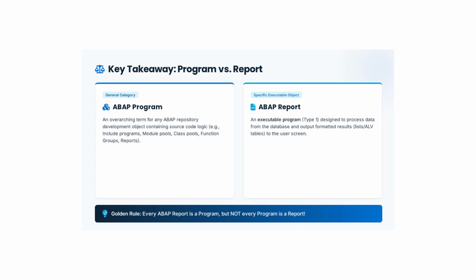The only difference is that a program can be executable or non-executable, but a report is only executable. Non-executable reports don't exist. A report is a part of a program. That's the only difference between program and report. No one will ask, but it's good to know.